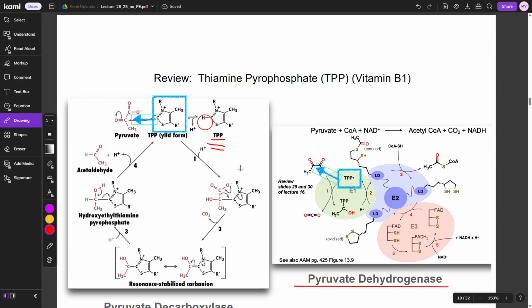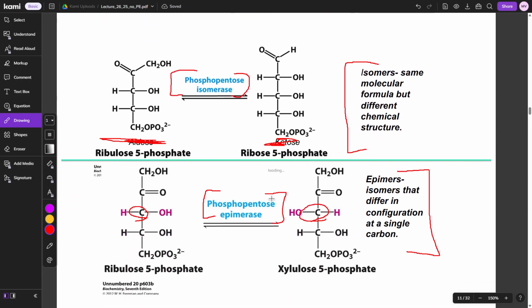You said ketolase, not aldolase? It's transketolases, but not transaldolases. It's just a cofactor for the PPP, that's all. TPP is the cofactor for transketolases, yeah. It's a very hyper-specific thing that you need to know. But you'll learn in 441 that transaminases, also a transfer enzyme, also use TPP as a cofactor.